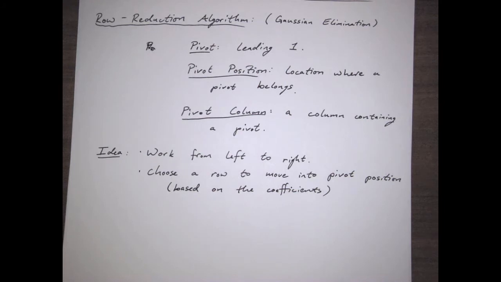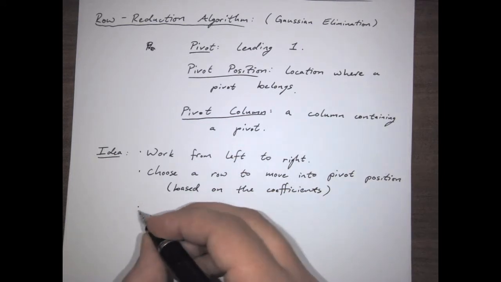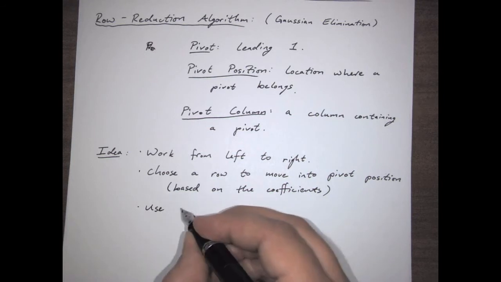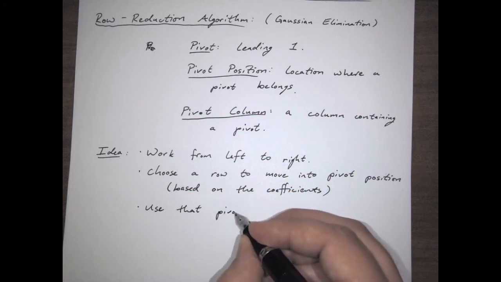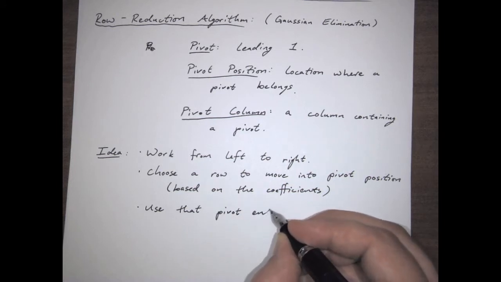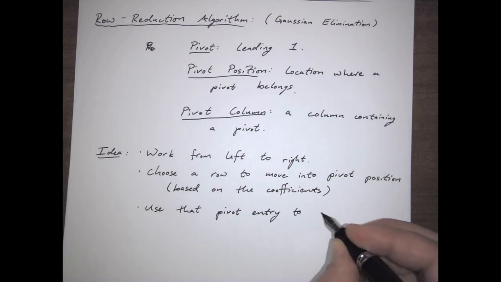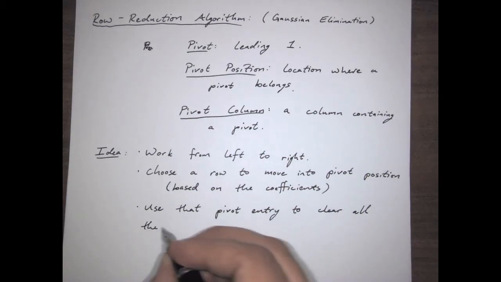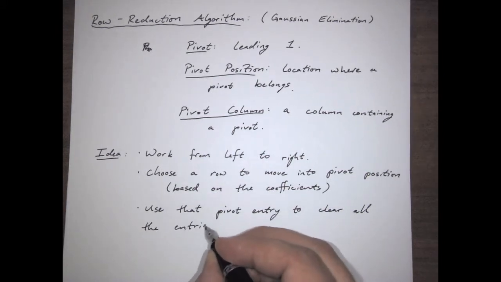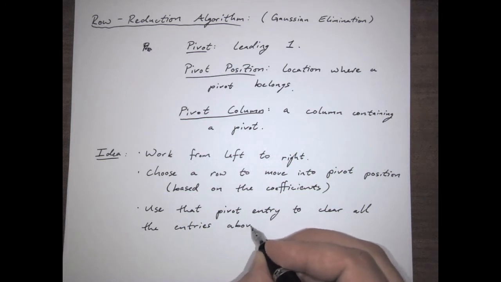Okay, now use that row to clear the entries above and below it, and you can scale it down to 1 whenever it is convenient to do so. So use that pivot entry to clear all the entries above and below.